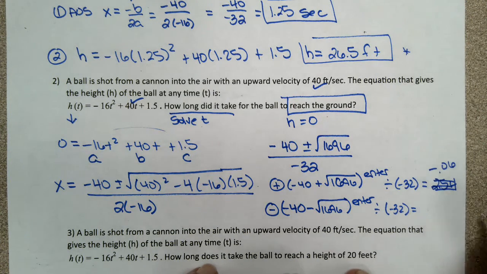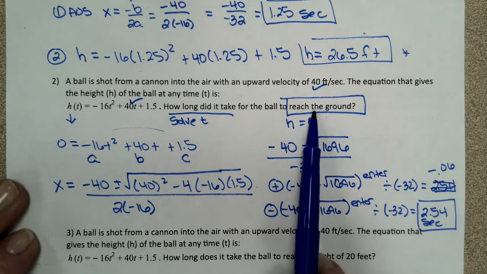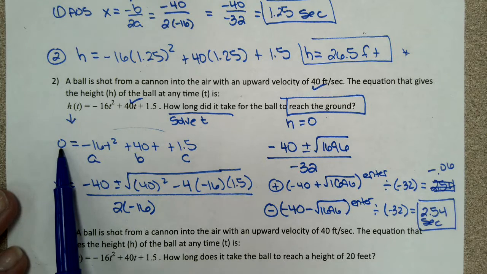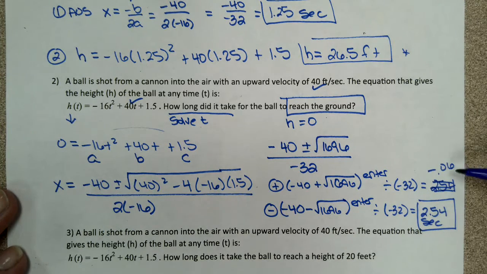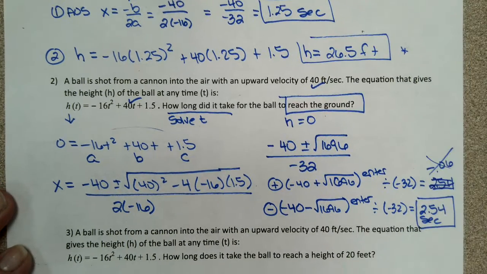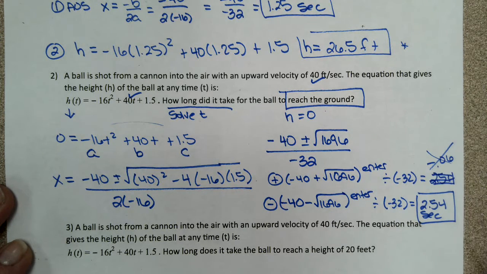And the second one is actually where I got my 2.54. So it took 2.54 seconds for the ball to hit the ground. So when it says, when did it reach the ground, set your equation equal to 0 and solve. Anytime that you get a negative answer, you're going to have to disregard that. It is not reasonable that it took negative time for the ball to land.